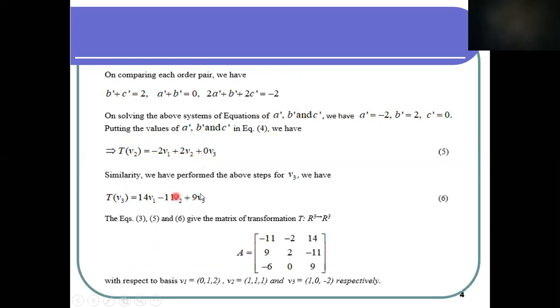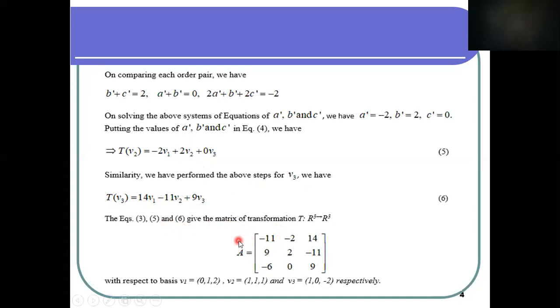In similar fashion, as we have performed the above step for V3, we have T of V3 is 11 V1 minus 14 V2 plus 9 V3. Equations 3, 5, 6 give the matrix of transformation.